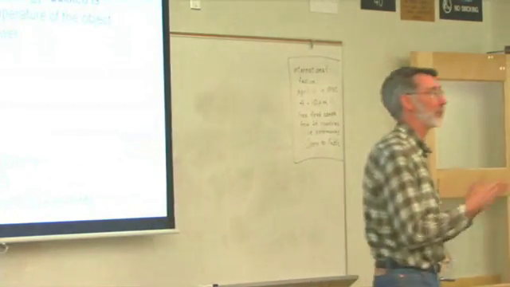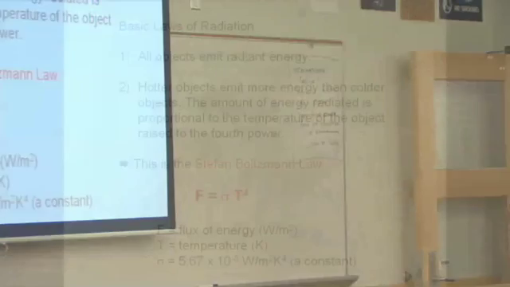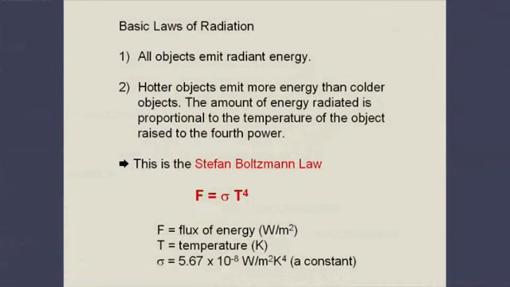Remember, a watt is the amount of energy per time, so you can think of it as so many calories per second. When you eat food, you have a flux of energy going into your stomach: how many calories you take in, divided by the area of your mouth, times how long it takes you to eat dinner. That's an energy flux.